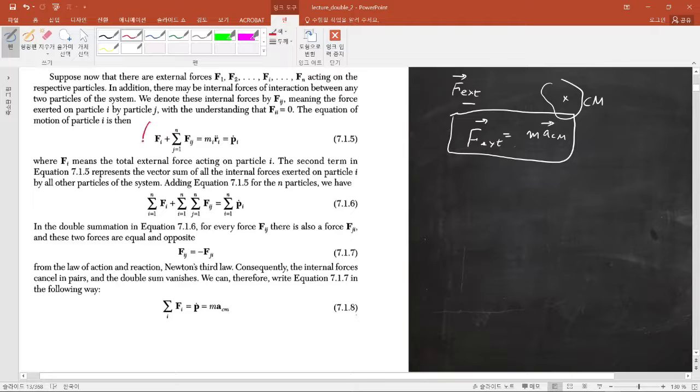This expression is the force acting on the i-th particle.